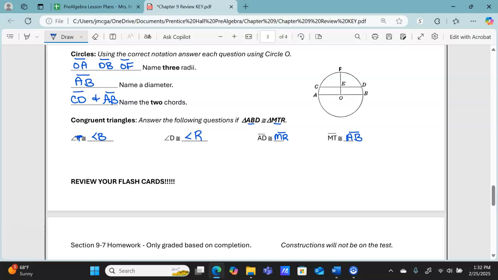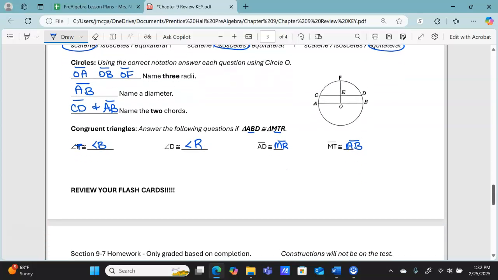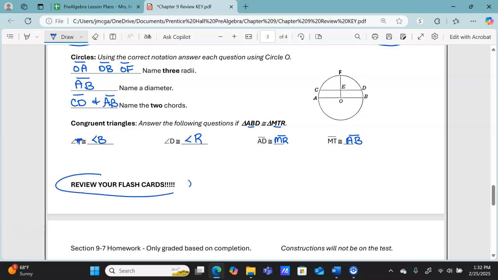I did not go over polygons on this review, like quadrilateral, trapezoid, parallelogram, rectangle, rhombus, square. So you also have your quiz that you can go over and review those. So review your flashcards. There is a lot on this test that is terminology. And then, of course, like here, where you know what the term is, you apply that term. So review your flashcards as well.